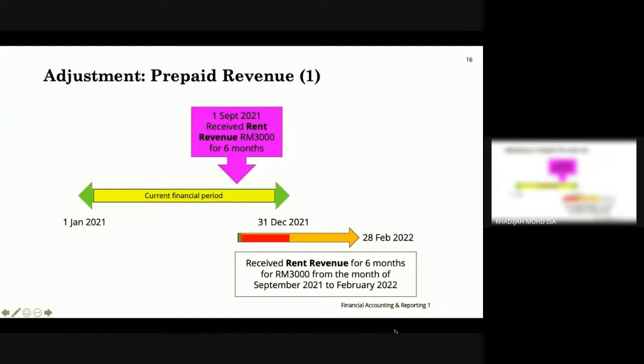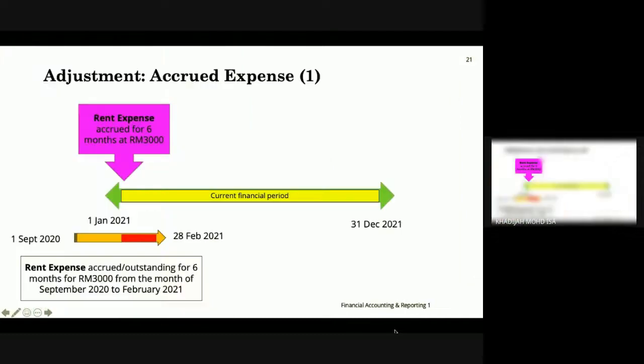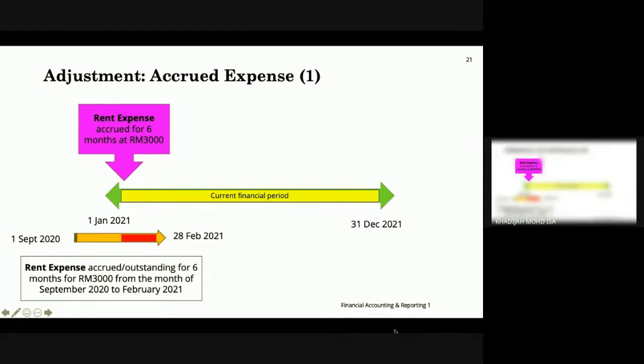But here, prepaid revenue 2021. So this one is correct. But why here accrued expenses? Maybe because it's from 2020. Was it 2020? Oh, I see. Because accrued adjustment, accrued expense, 1st September 2020.